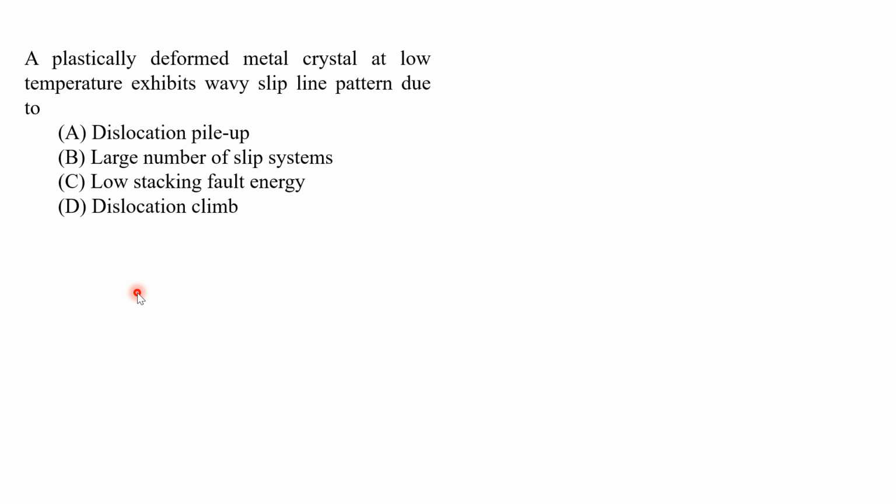So it is given that a plastically deformed metal crystal exhibits wavy slip line pattern. So why do we see such wavy slip line pattern? It can be due to dislocation pileup, large number of slip systems, low stacking fault energy, or dislocation climb.